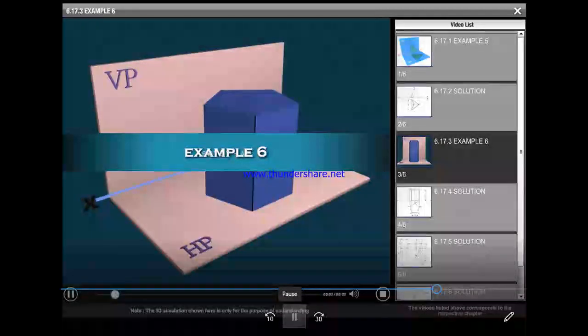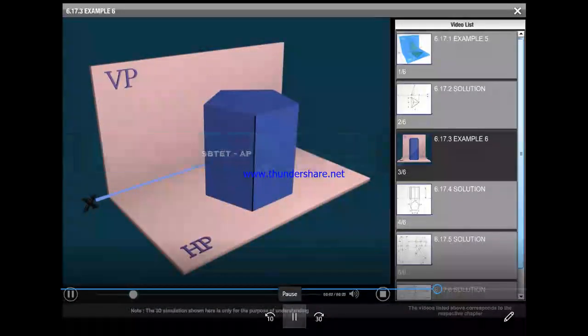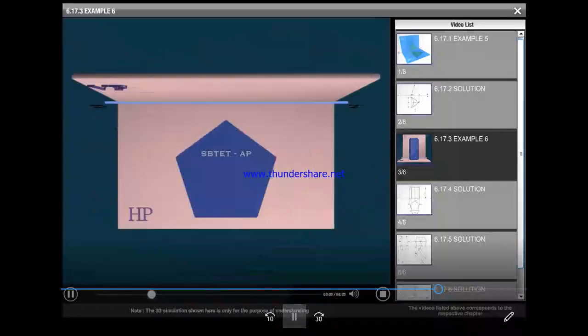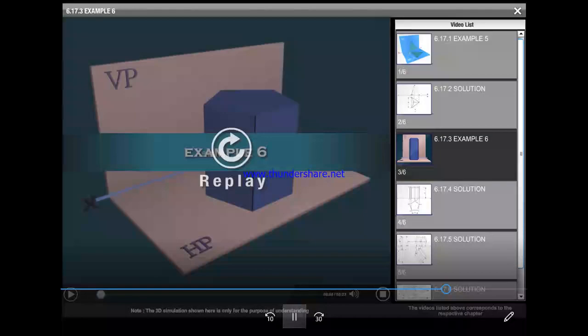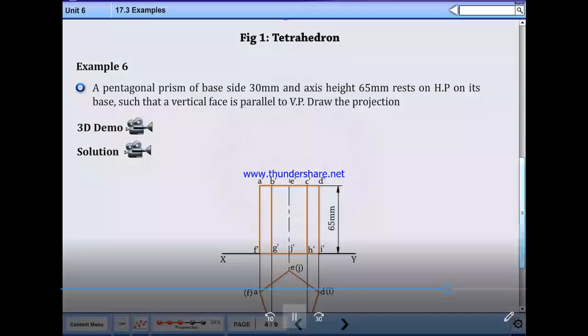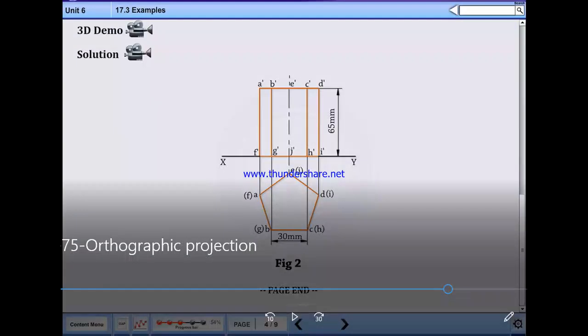Example problem 6. A pentagonal prism of base side 30 mm and axis height 65 mm is resting on HP on its base such that a vertical face is parallel to VP. See the figure.